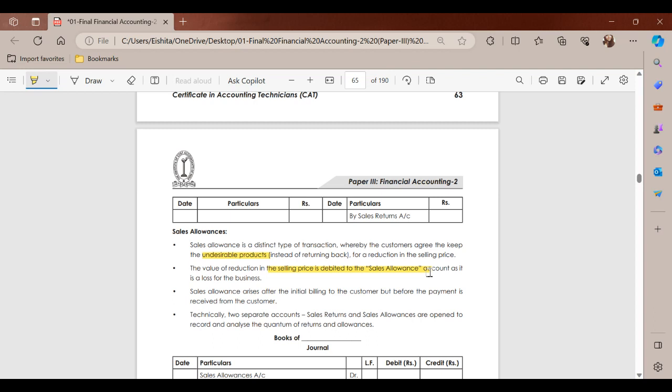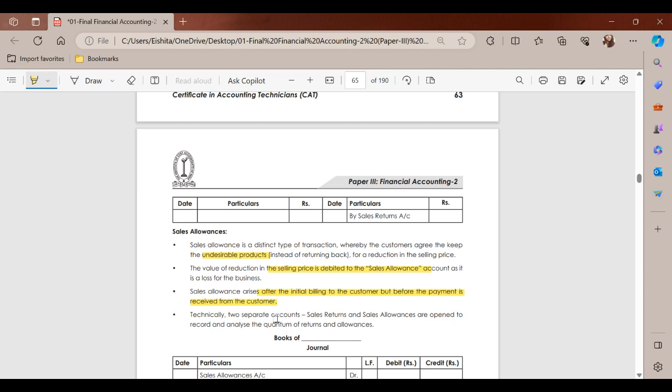Sales allowances happen after the initial billing to the customer, but before the payment is received. Once the customer receives the goods, suppose he calls that he doesn't like the product, you offer him some discount. That discount is sales allowance.